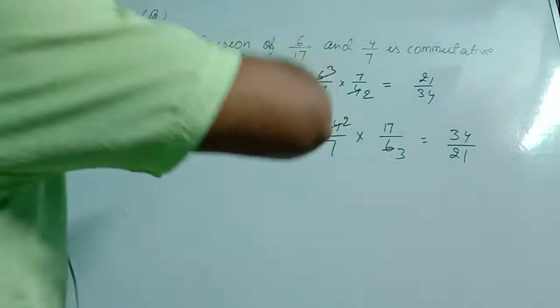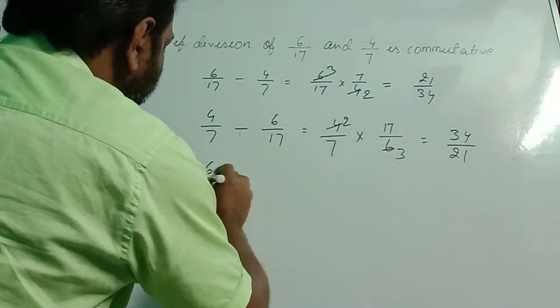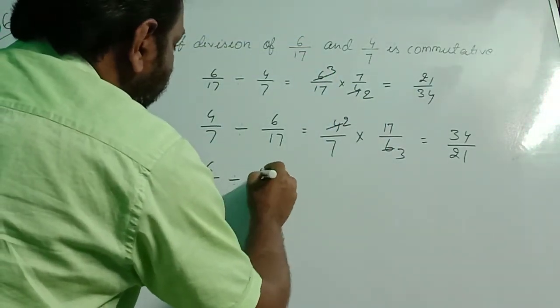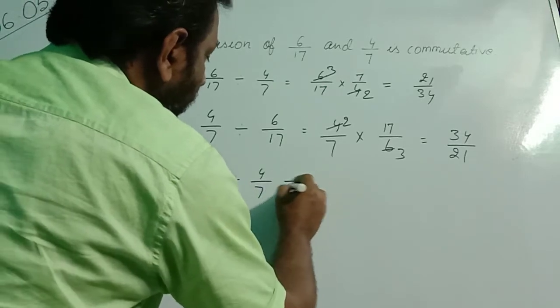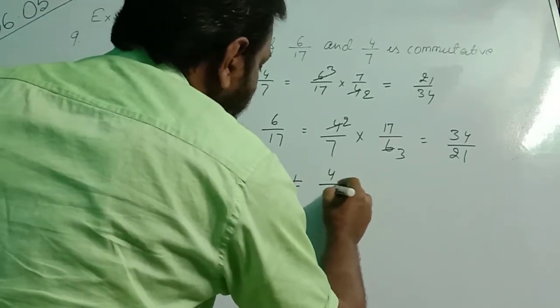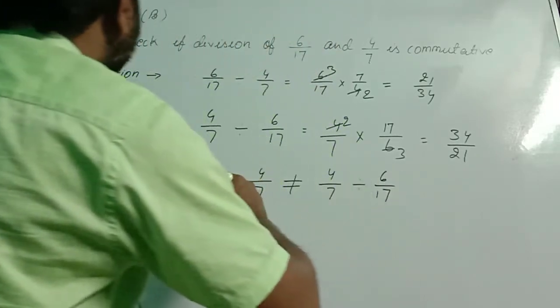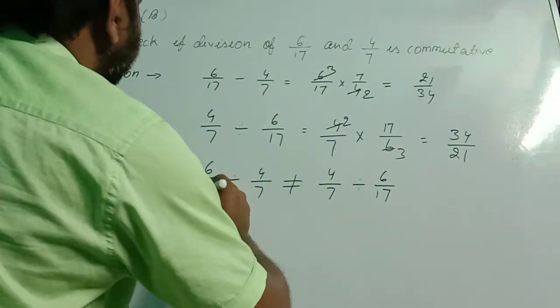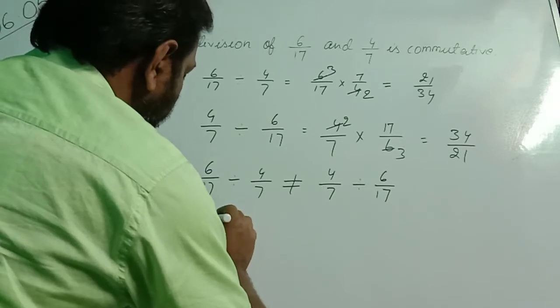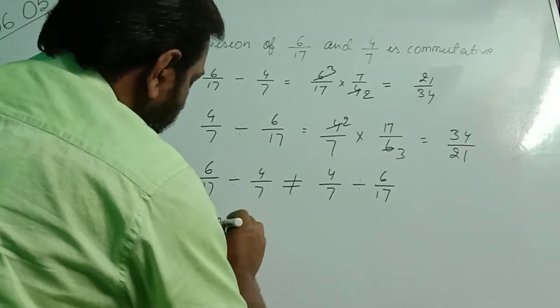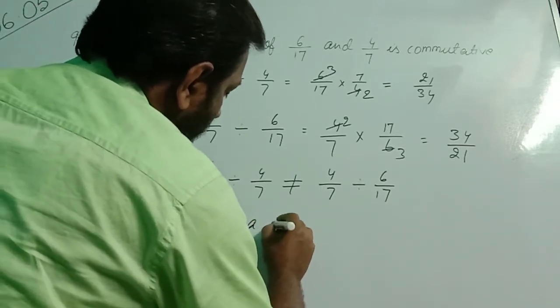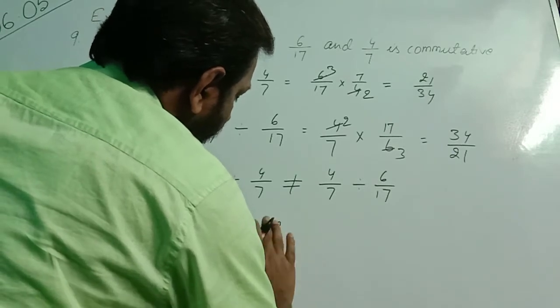So what are we saying? 6 by 17 divided by 4 by 7 is not equal to 4 by 7 divided by 6 by 17. So this is not a commutative division.